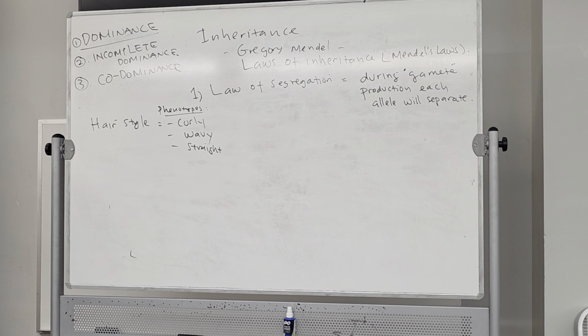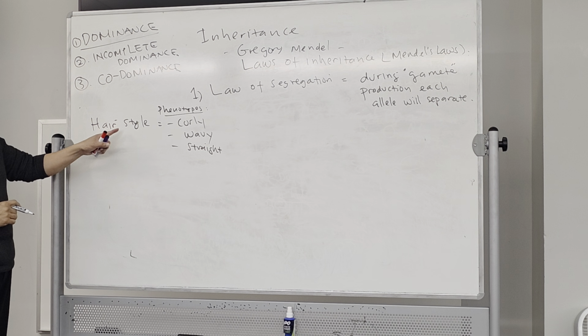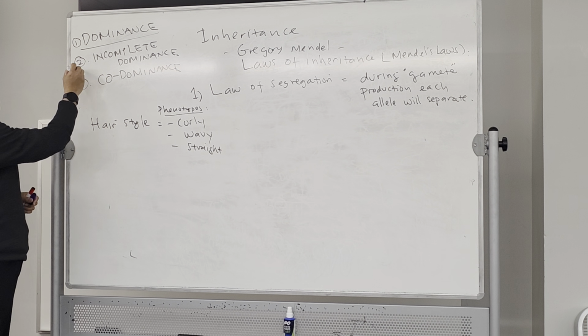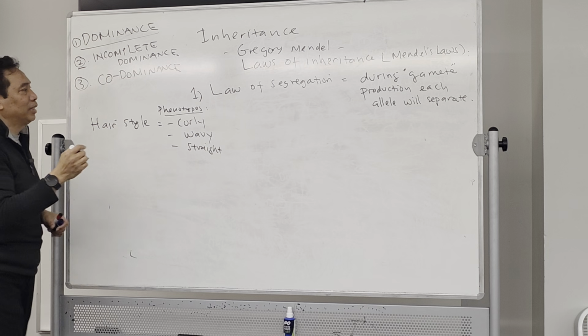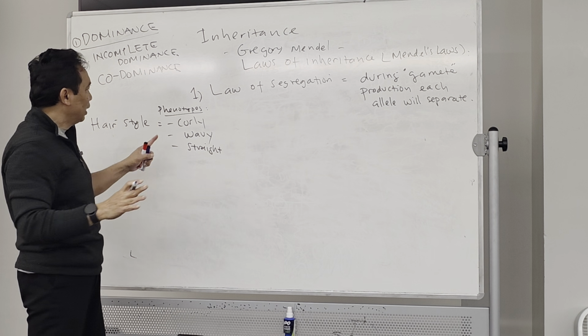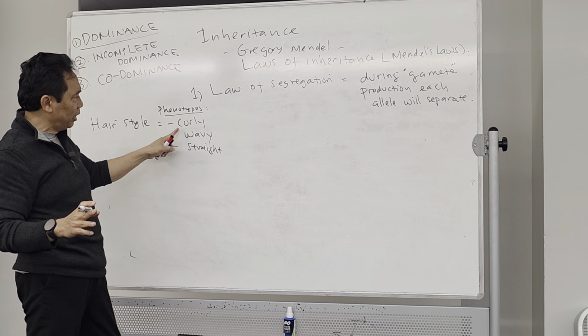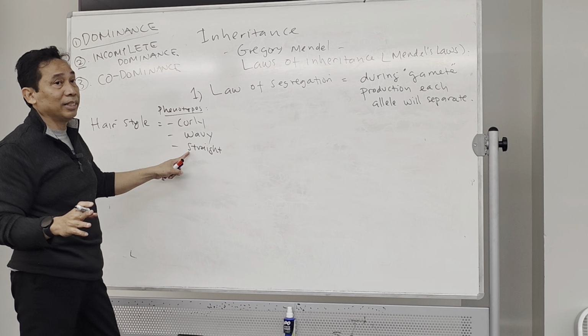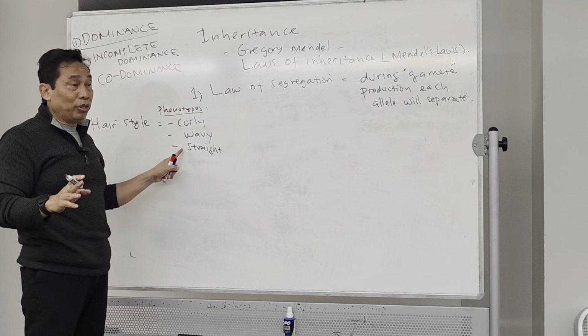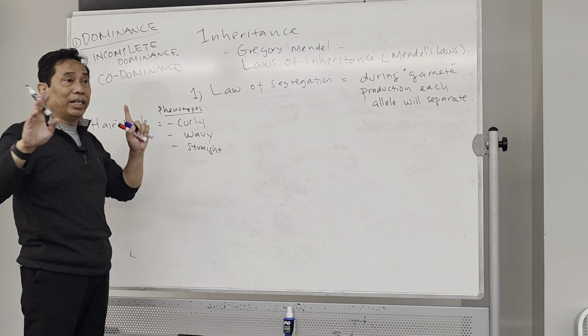Now this one is coming from incomplete dominance. Look at this one. We can choose whether to use letter C, W, or S. It doesn't matter, but if you choose one, it has to be the same.